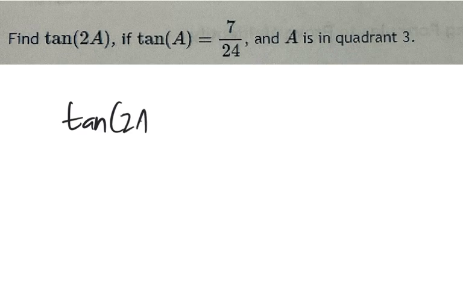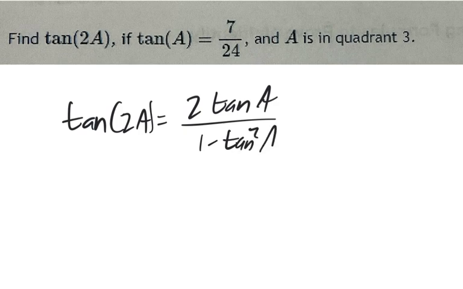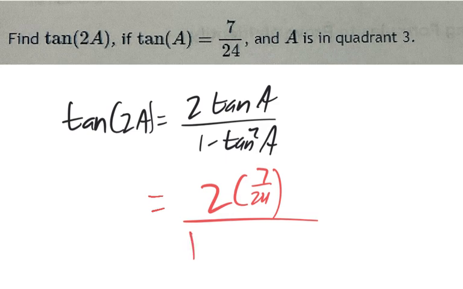Tangent of 2a equals 2 times tangent of a over 1 minus tangent squared of a. That's straight from the formula. This is 2 times, what is tangent of a? 7 over 24, over 1 minus, what's tangent of a? 7 over 24 squared.